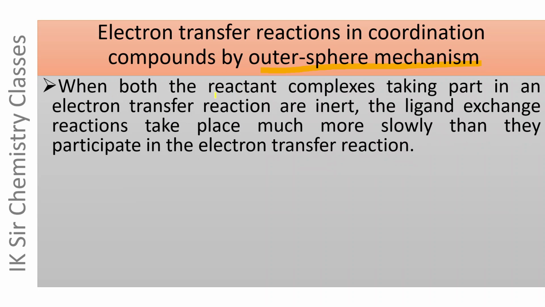When both the reacting complexes or reactant complexes taking part in an electron transfer reaction are inert, the ligand exchange reactions take place much more slowly than they participate in electron transfer reaction.